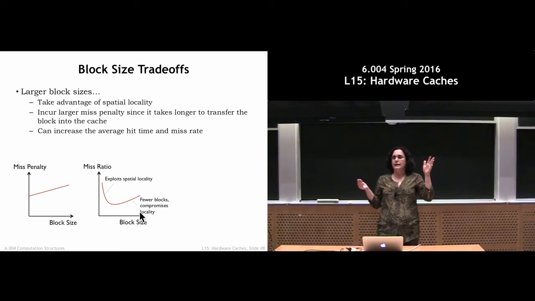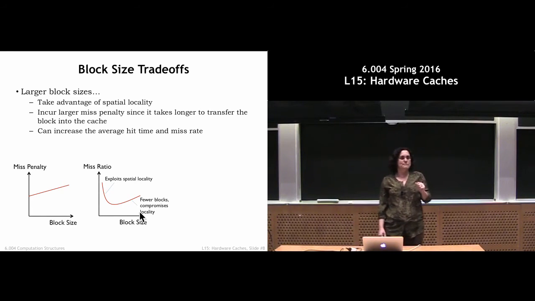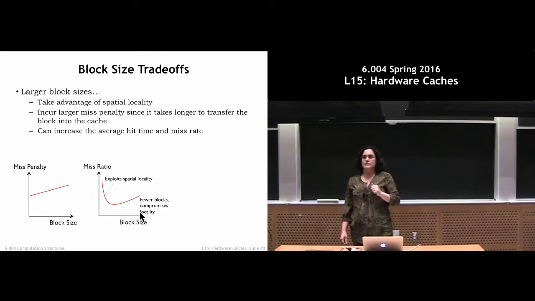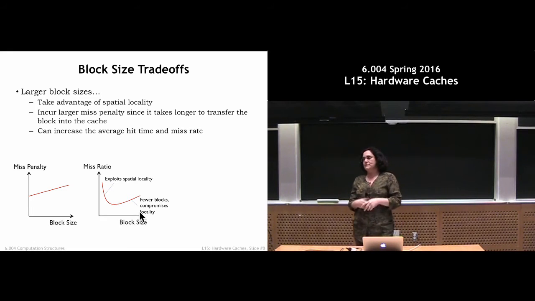And so as a result, I start to have what we call conflict misses, because I don't have enough spaces in my cache to retain the different types of data. Remember, last time we looked at the working set in a particular time, delta t. We found that the working set was not so large, but you still have to have enough room in your cache to fit that working set in order to get high performance.